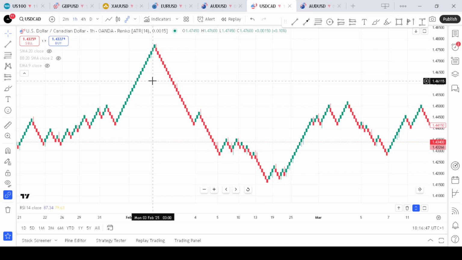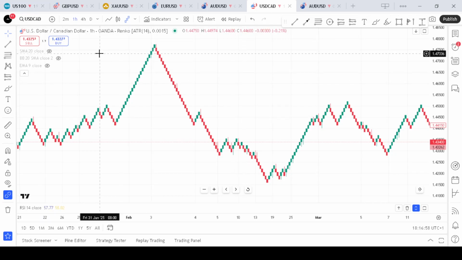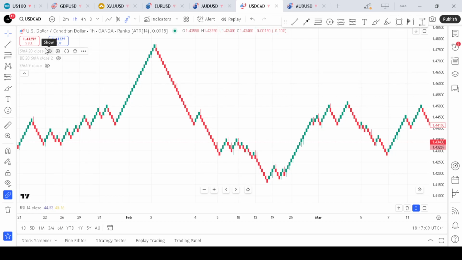The moving average calculates the average price over a specific number of periods, with the exponential moving average, which is the EMA, giving more weight to recent price when applied to the Renko chart. The moving average provides a clear trend signal and acts as a dynamic support and resistance level, enhancing the chart's ability to identify specific price movements.